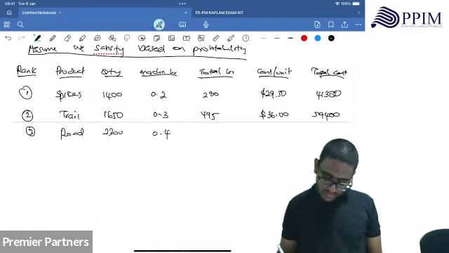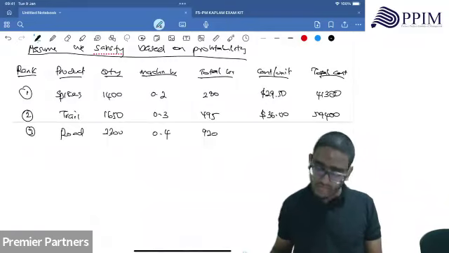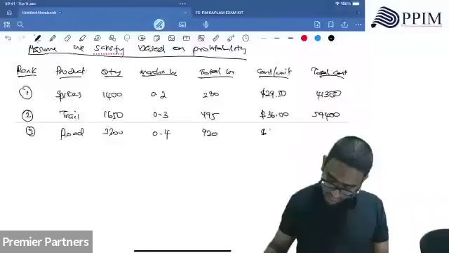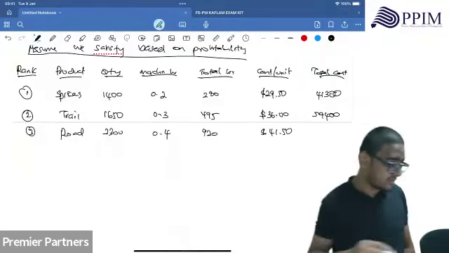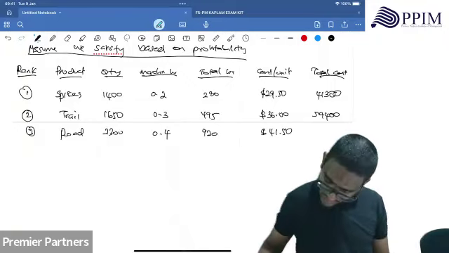That is 920. Correct? 920. Each shoe gave you a contribution of 41.5. That will give you your contribution. How much is that? 95,450.